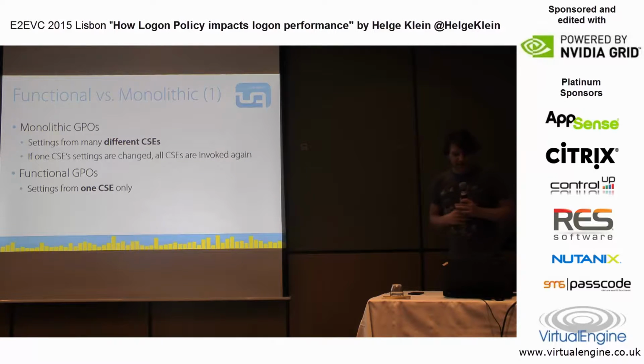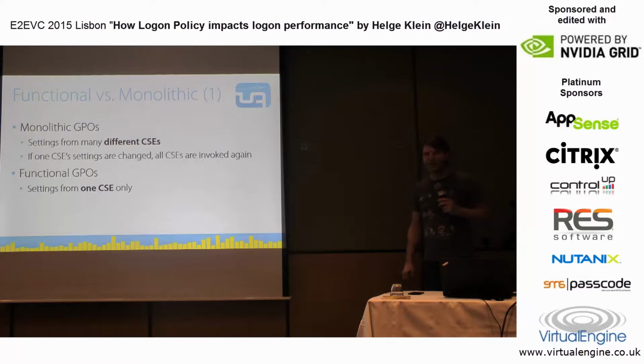Now, regarding how you can, from a management standpoint, use your policies, there are two approaches. And I'm not going to say one is better than the other, but there are certain differences. You can use so-called monolithic GPOs, where you have one big GPO with settings from many different client-side extensions.